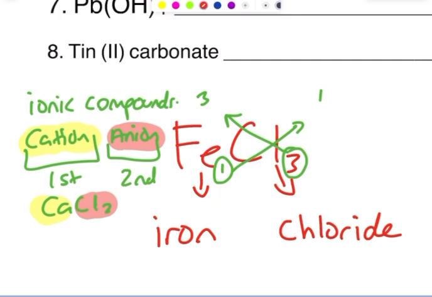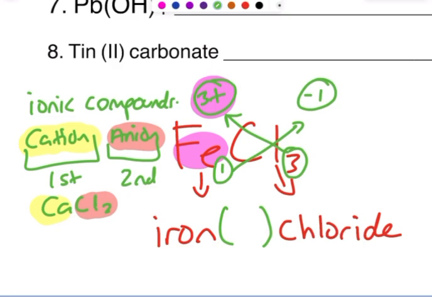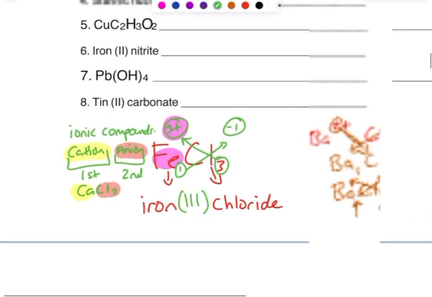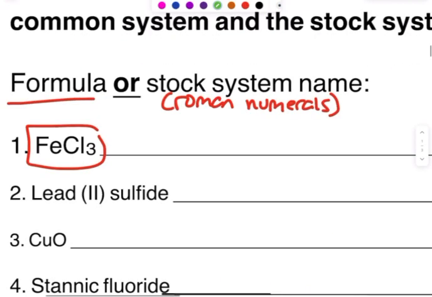The cation is always positive. The first one is always positive. Therefore, my charge of iron is 3+ and Cl is 1-. So if iron's charge is 3+, what is my Roman numeral in the parentheses? 3. Therefore, my final answer is iron(III) chloride.